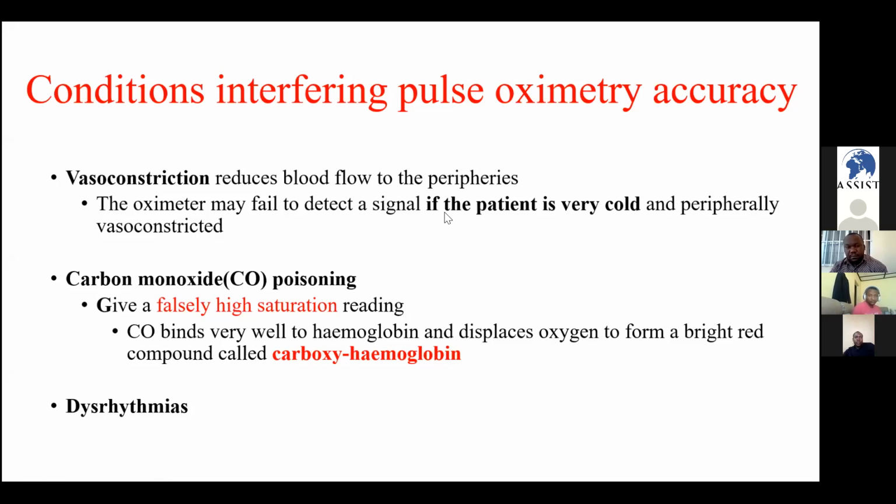In a condition where patients have inhalational burn injuries, where they inhaled carbon monoxide, you can get falsely high saturation readings because the carbon monoxide will bind to hemoglobin and displace oxygen to give the bright red compound called carboxyhemoglobin.